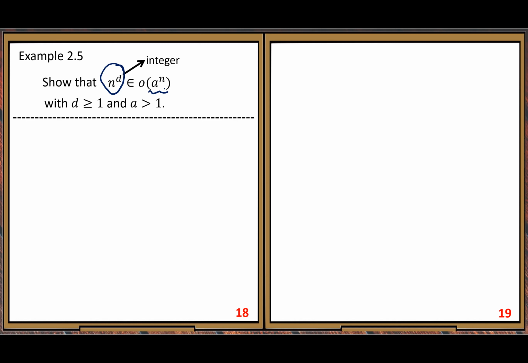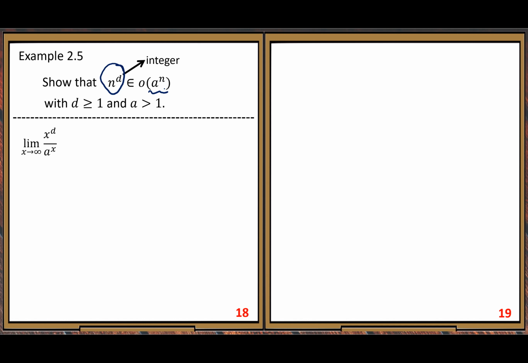Because for little o, we need to calculate the limit of the ratio of two functions. But when we apply L'Hopital's rule, remember, we need to change the discrete variable to a continuous variable first. So here, let's write a continuous version of these two functions directly.